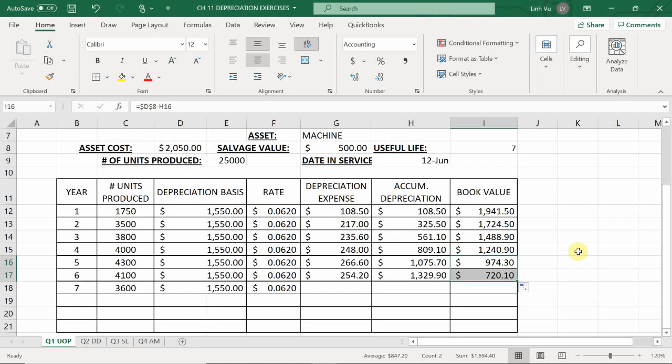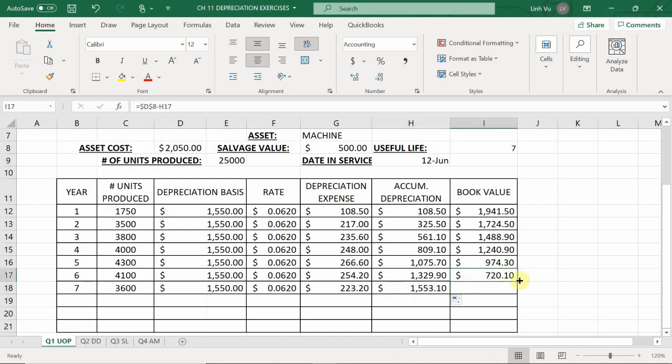This time for year 7, I was able to produce a total of 3,600 units. Okay, which brings me a total depreciation expense of $223.20. Okay, we add that to our account balance of $1329.90 to get a grand total of $1553.10.